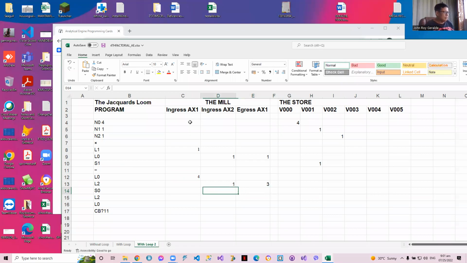And then you have S0. So S0, this becomes 3. L2, this becomes 1. L0 becomes 4.